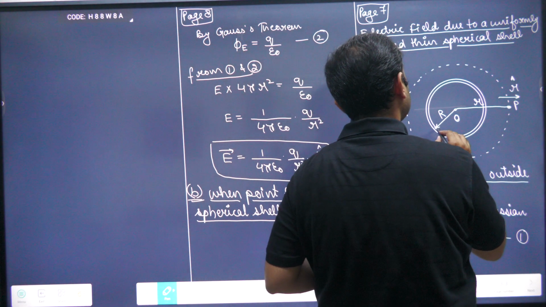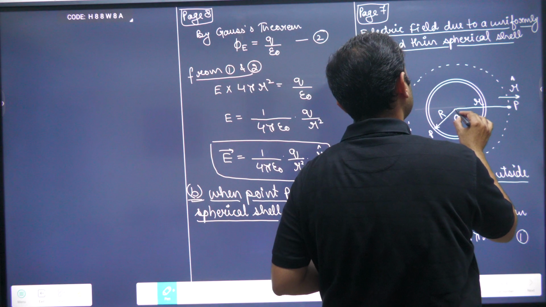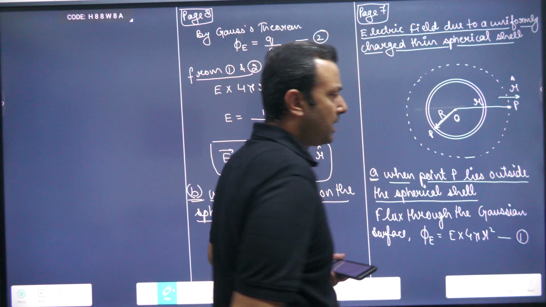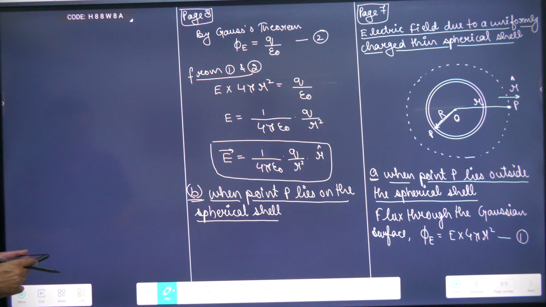When point P lies here, then what is the distance between center and this point? It will be now r only. So the total charge, now I am on to page number 57.